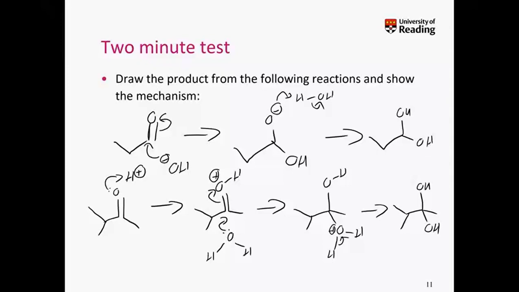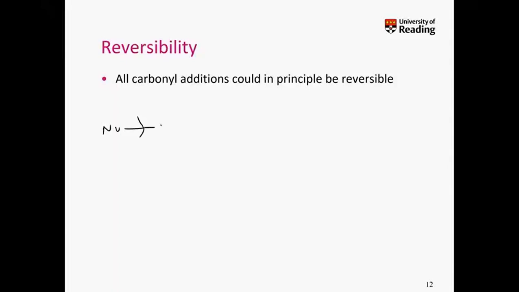Okay, so that's that. The last thing, just to throw a little bit of confusion out there, is that all of those reactions I showed you could actually be reversible. So if we have a base present, for example, which we know we do have in some of these, the base can deprotonate.